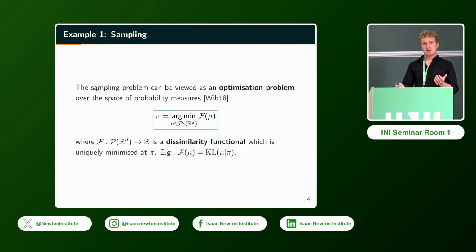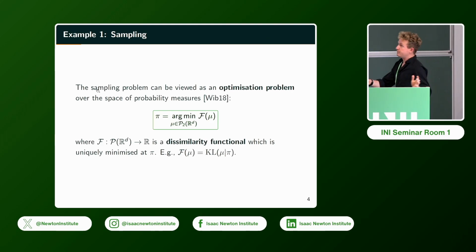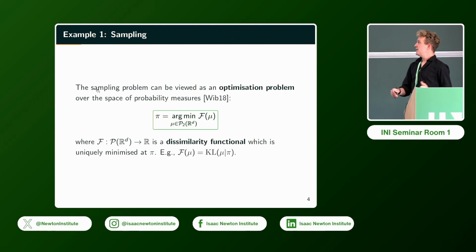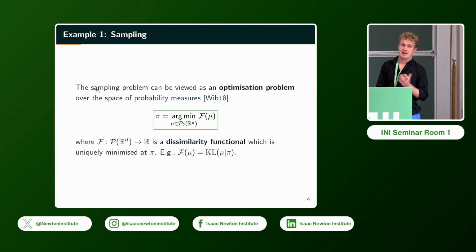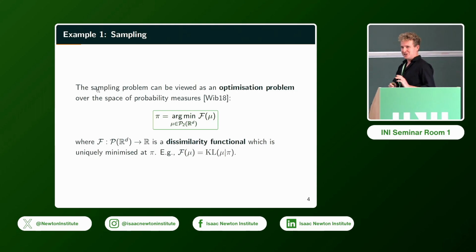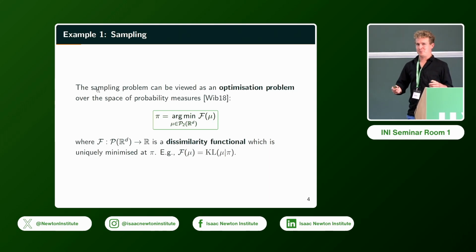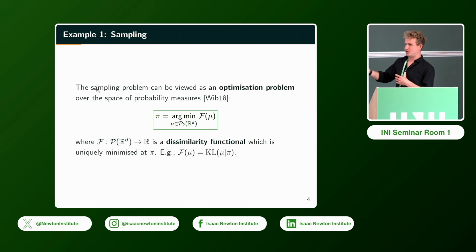As I say, this sampling problem can be viewed as an optimization problem over some space of probability measures. In particular, according to this viewpoint, we're going to view the target pi as the minimizer of what we're going to call a dissimilarity functional, which is uniquely minimized at our target pi. In some sense, this is a synthetic optimization problem in that we construct an objective functional whose solution we know in advance, but this is going to be a powerful viewpoint in terms of constructing algorithms and analyzing their properties.